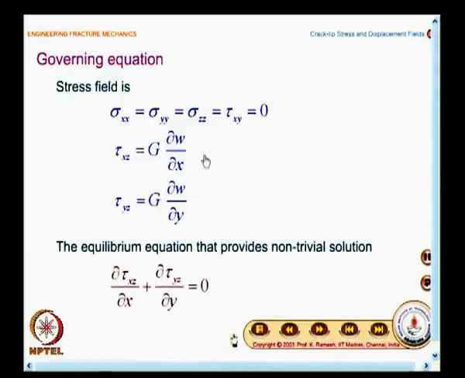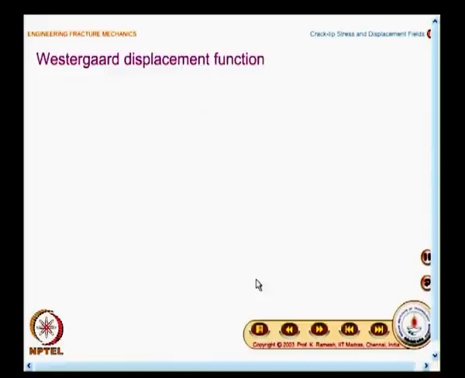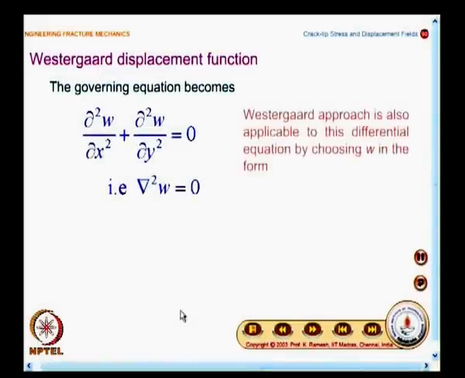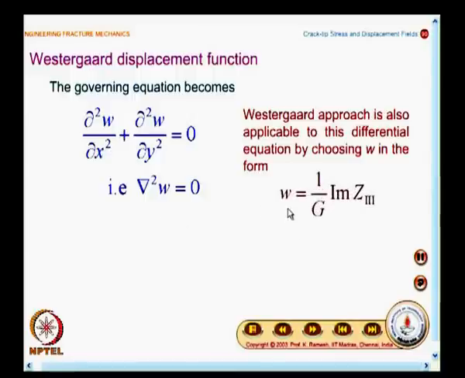Now, the question is, I need to have this W expressed, and I want a non-trivial solution. So, I should satisfy this equilibrium equation. When I substitute the expressions for tau xz and tau yz in this, I get a Laplace equation. Any harmonic function would satisfy this, and we have defined this function as 1 by G times the imaginary part of Z3.